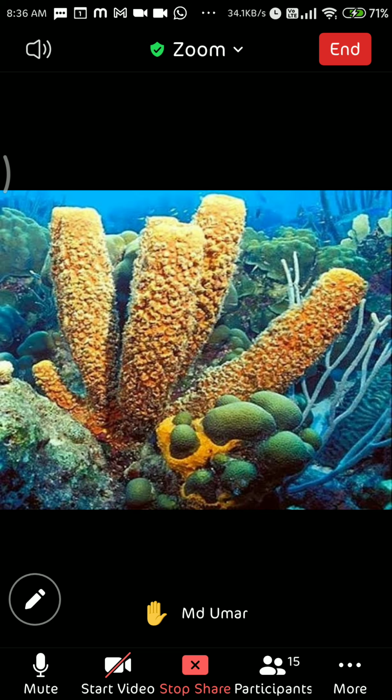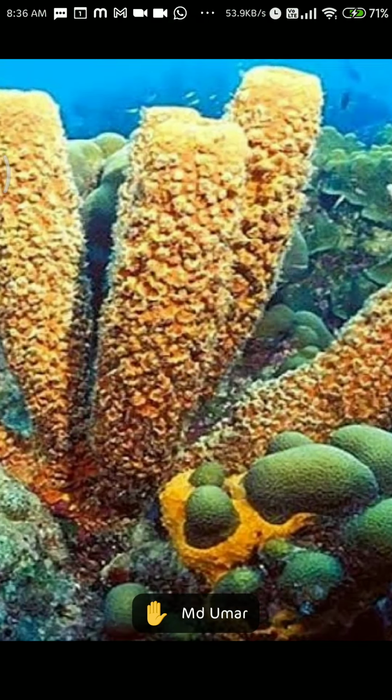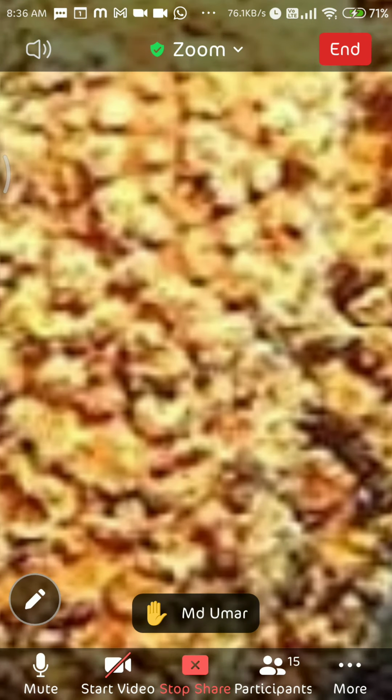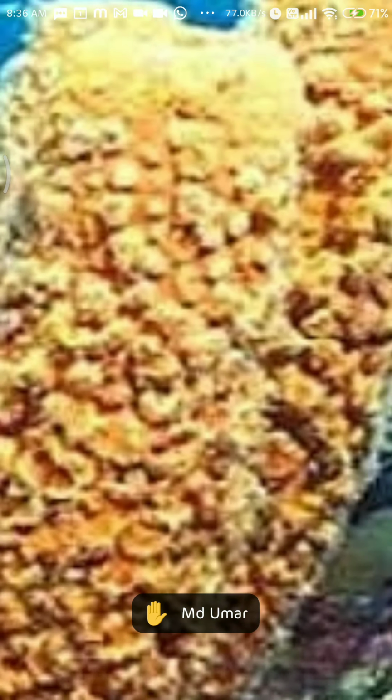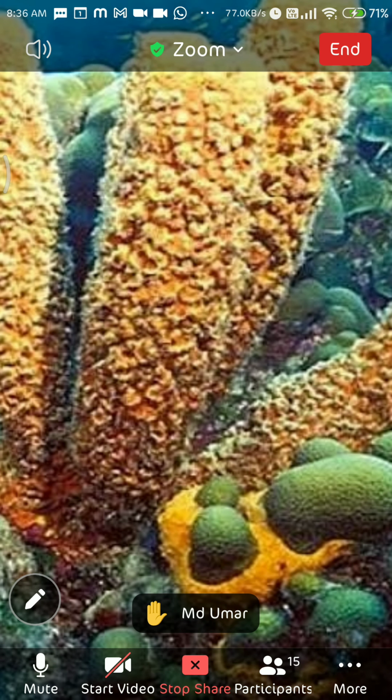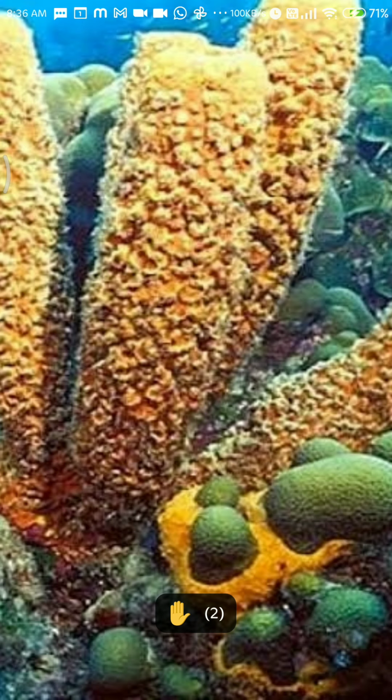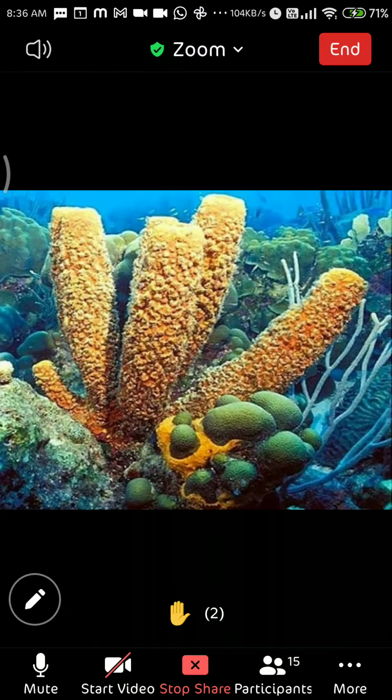And here you can see the whole body is covered with pores. They have these pores on their body surface through which they absorb water and nutrients from the surrounding water, because they are aquatic. They are marine. Marine means they grow in salty water. So this is the structure of Porifera.